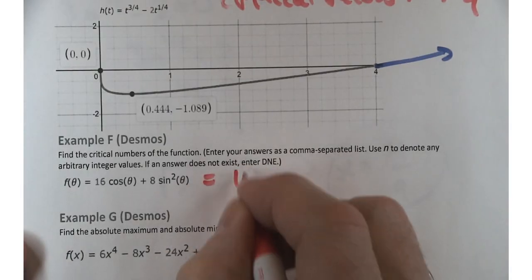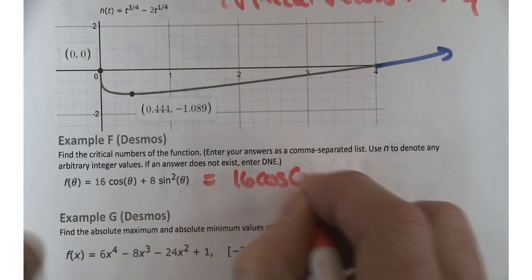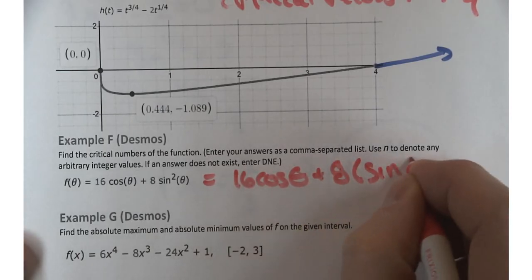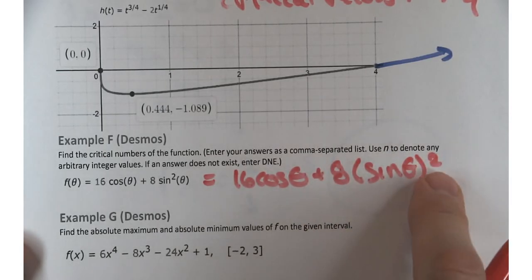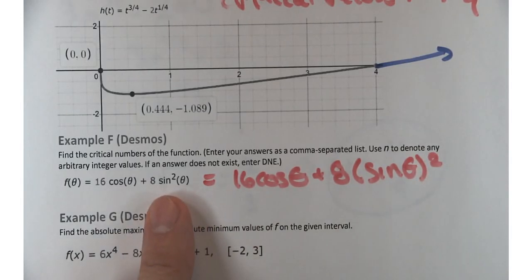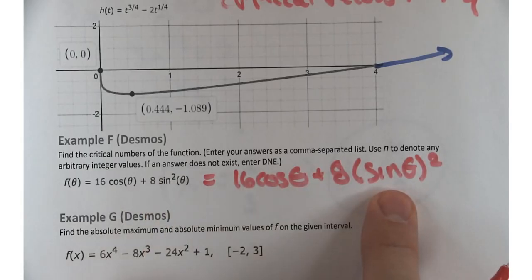It's 16 cosine of theta plus 8 times sine of theta squared. It's some funny notation that we allow ourselves in mathematics, to put that square there to really mean this squared. This is what you should be looking at and thinking about when you differentiate here.